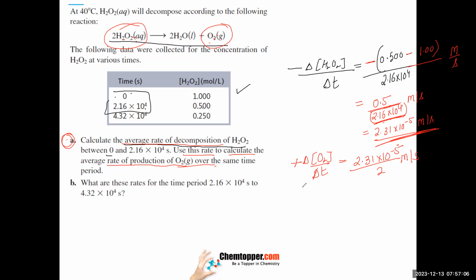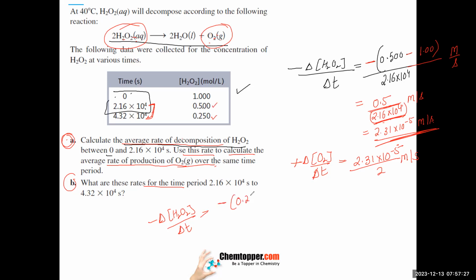Is it okay? Now they are asking what these rates are for the time period from here to here. So minus delta H2O2 over delta T, where final is this, initial is this, keep negative.